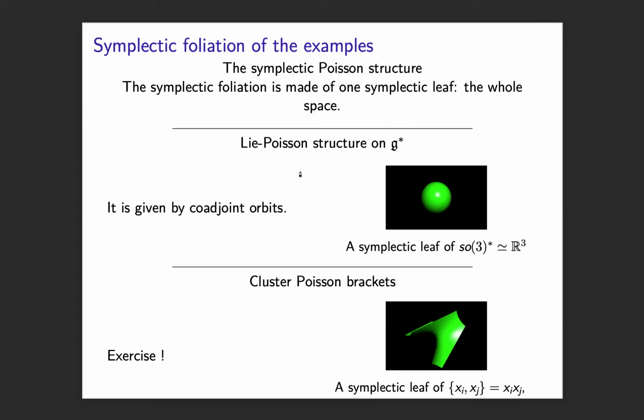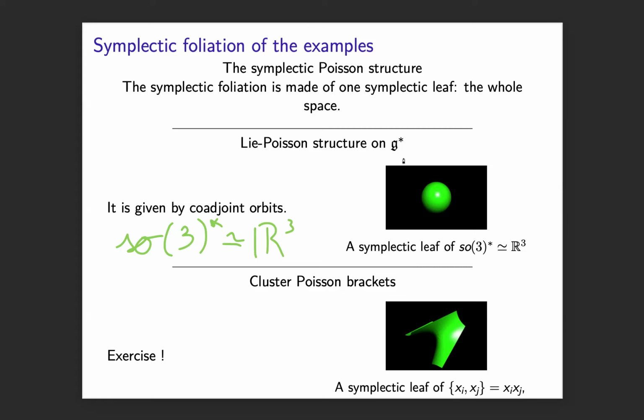Then for the Lie-Poisson structure on g star, the leaves are given by coadjoint orbits. In particular, for the coadjoint orbits of so(3) star, once you identify so(3) with R3, the partition is given by spheres that are all centered at the origin, and the radius varies.